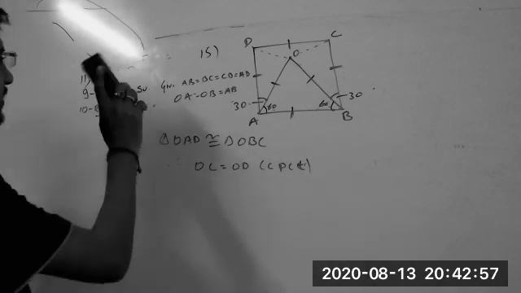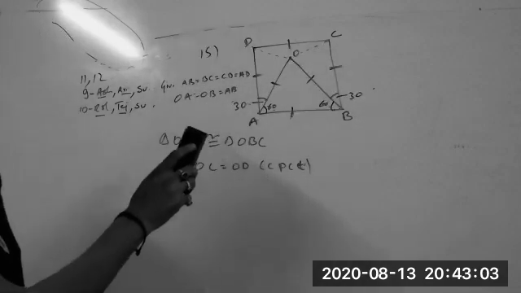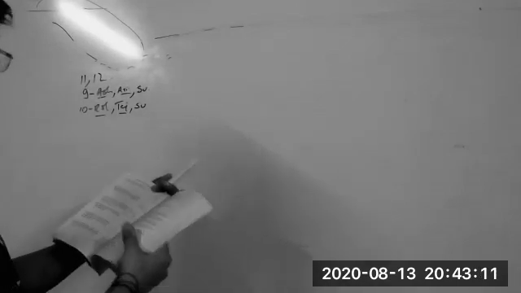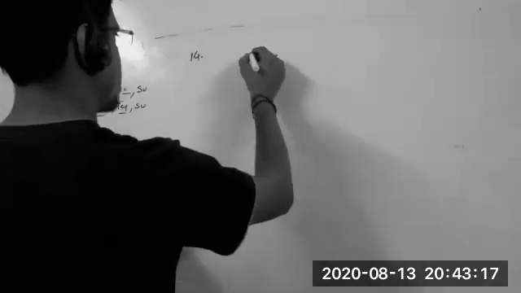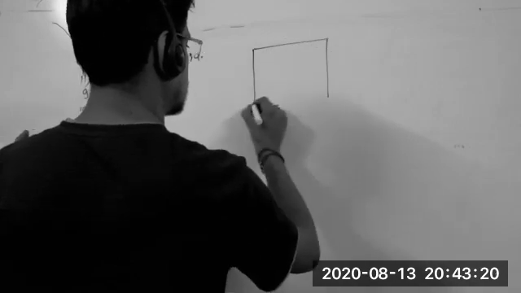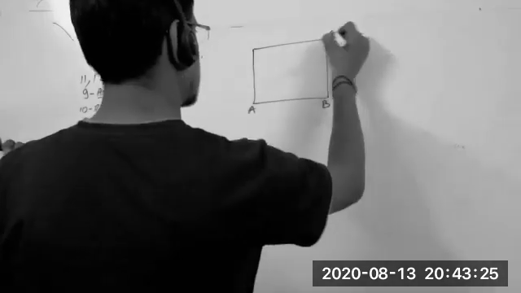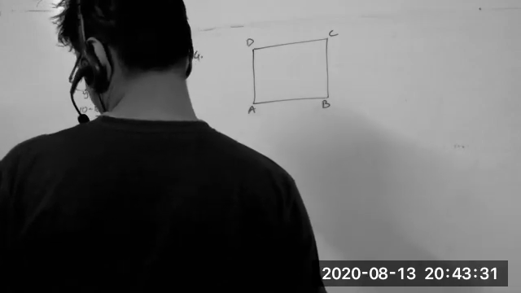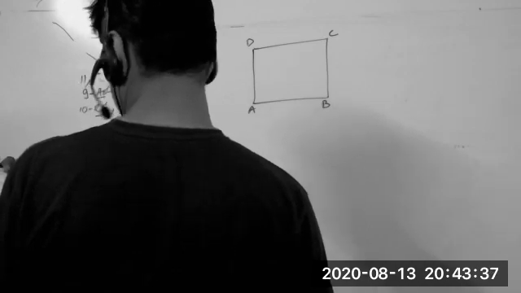Now let's do the 14th question. ABCD is a square and P is a point inside it such that PB is equal to PD.